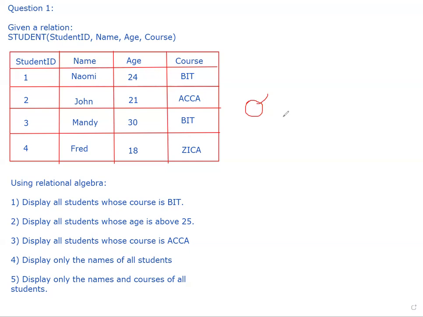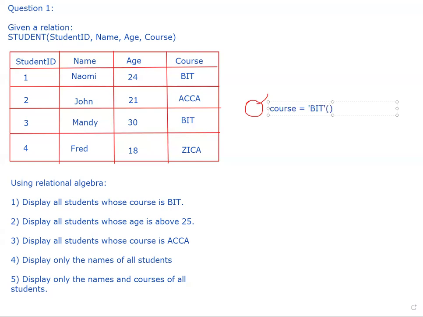Course, right? So you simply place that symbol and say select course. Then you say course equals, you're looking for BIT, in single quotes, not double quotes, please. So you say select course equals BIT.